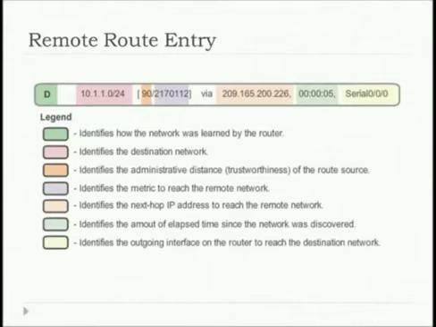It identifies the trustworthiness of the route source. The metric, which identifies the values assigned to reach the remote network. And the next hop, that identifies the IP address of the next router to forward the packet to. The parameters also include a route timestamp, which identifies how much time has passed since the route was learned.